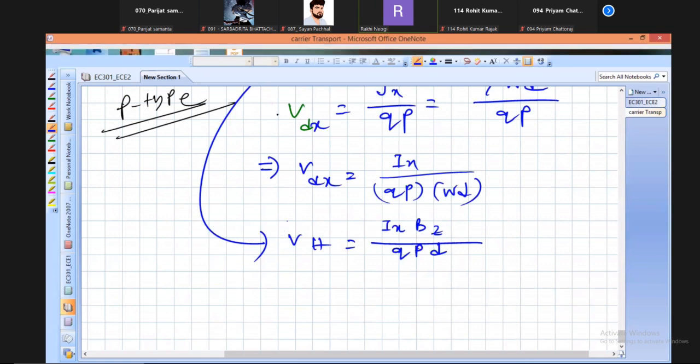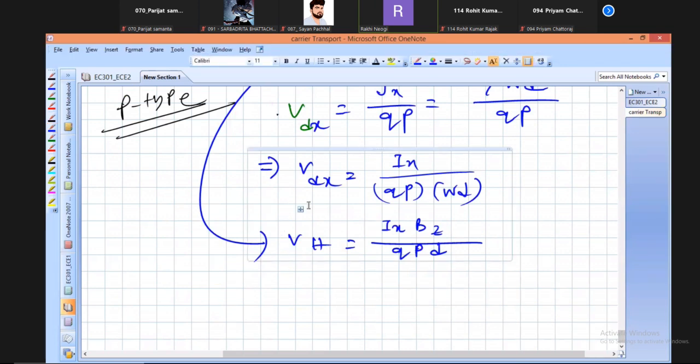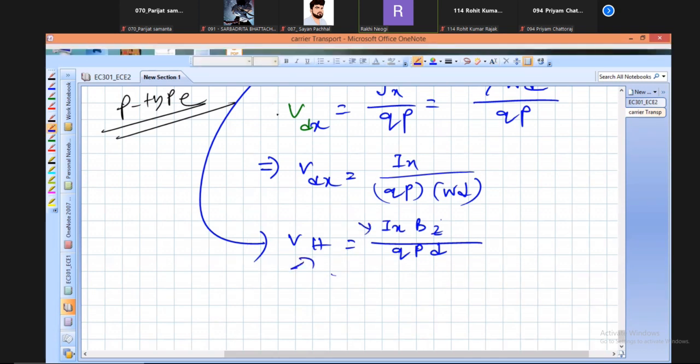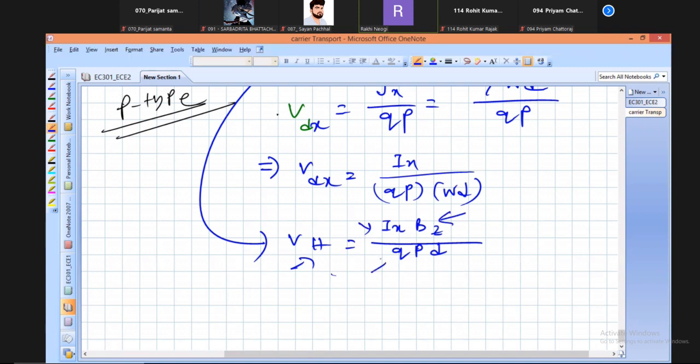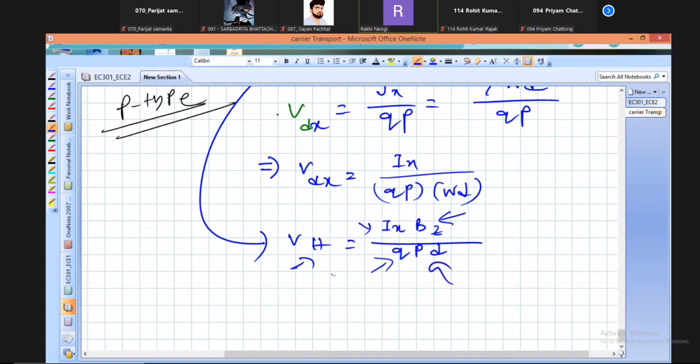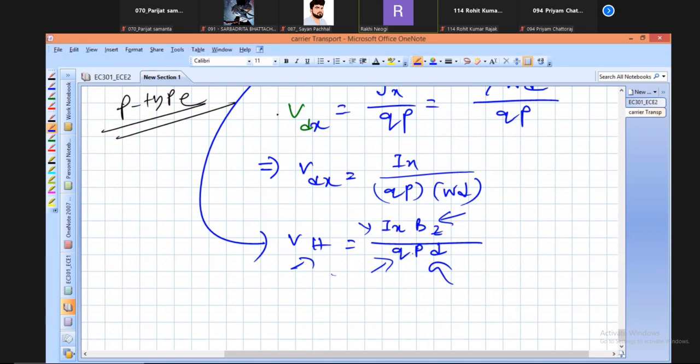So let's come to the Hall voltage. If you carefully see this equation, all quantities are measurable. VH measurable, Ix measurable, Vz measurable, Q known. You are not able to decide what P is because this is the experiment. We will find what P will be.